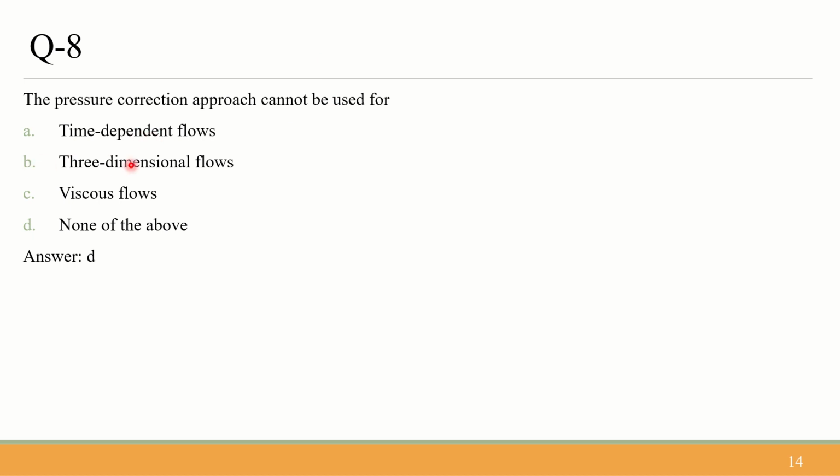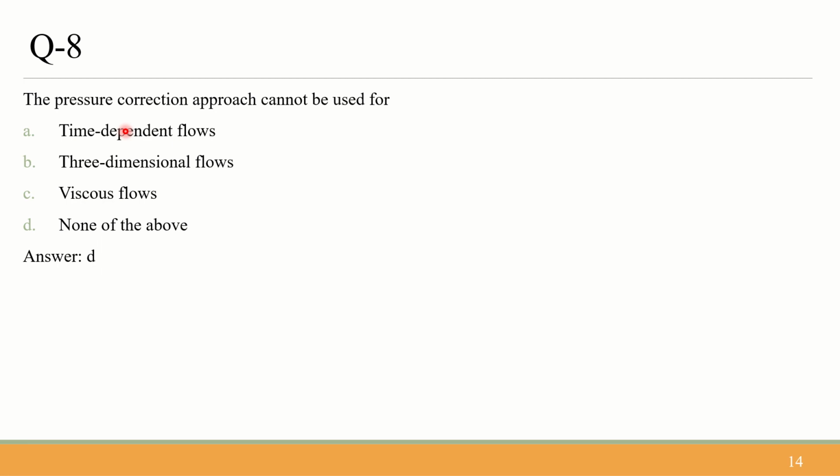Option B, three-dimensional flows. Pressure correction approach is a very popular technique among the chemical engineering problems, which are mainly dealt with three-dimensional flows. Therefore, the second option is also false.